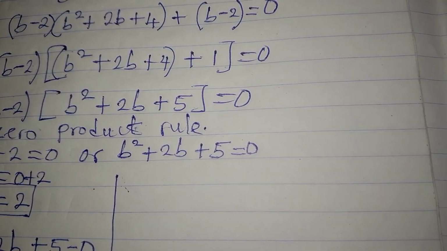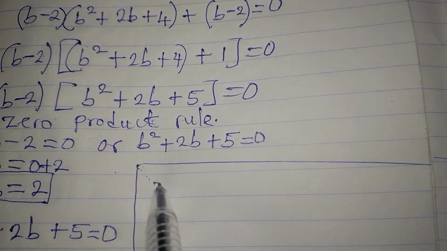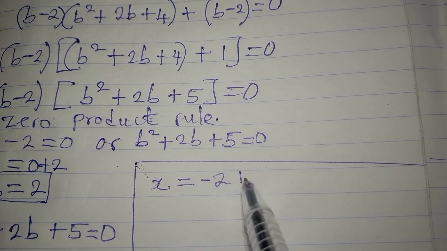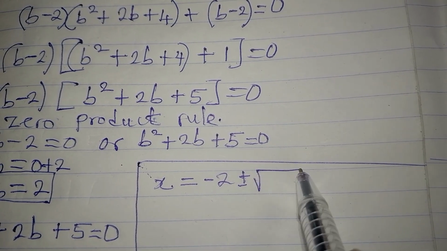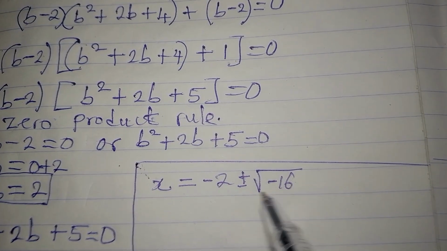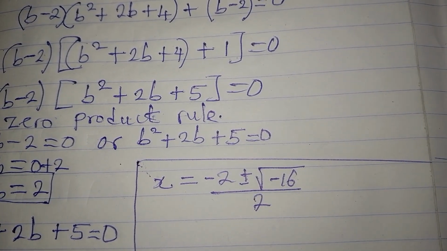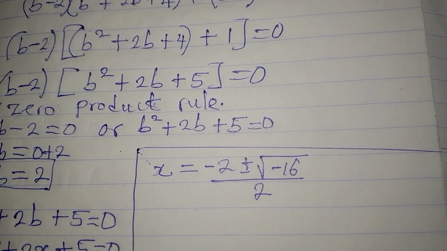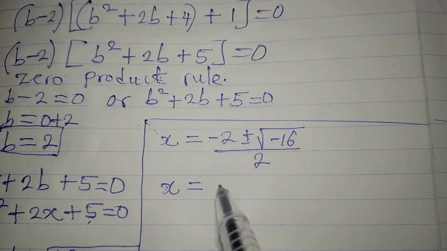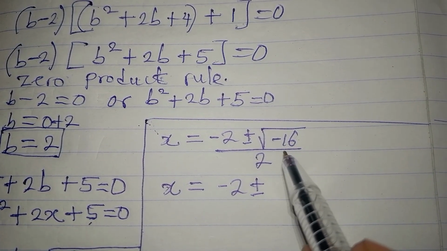Now let us finish it over here. So our x now will be minus 2 plus or minus the square root of 4 minus 20, and that is minus 16, and then we divide by 2 times 1, which is 2. If you go ahead from here, x will be equal to minus 2 plus or minus the square root of minus 16.